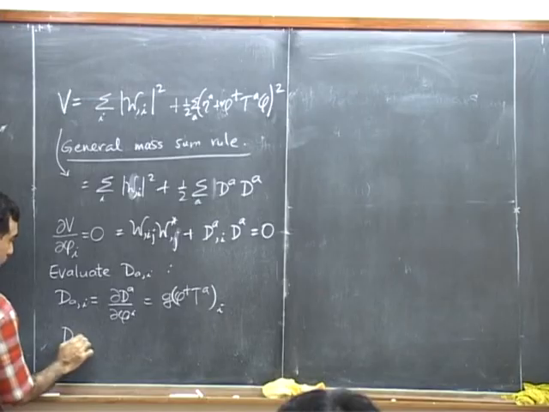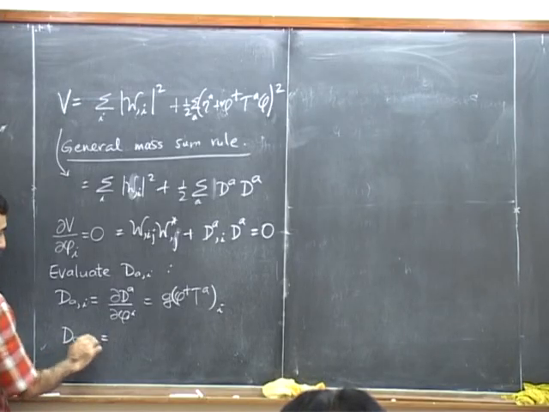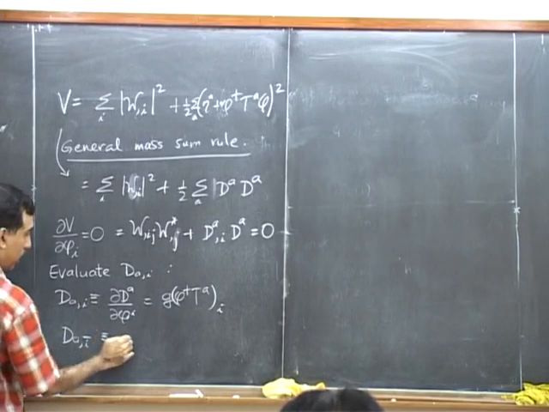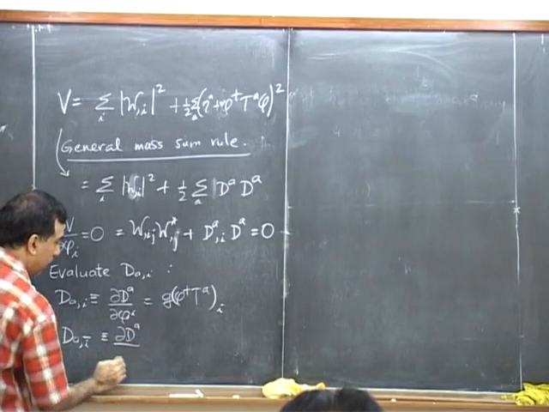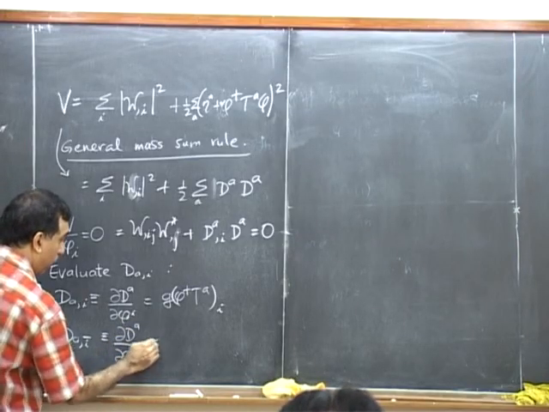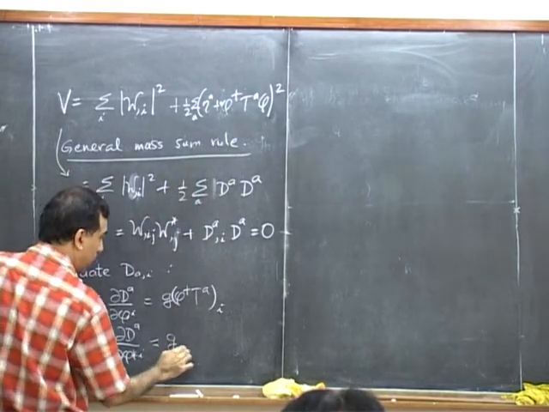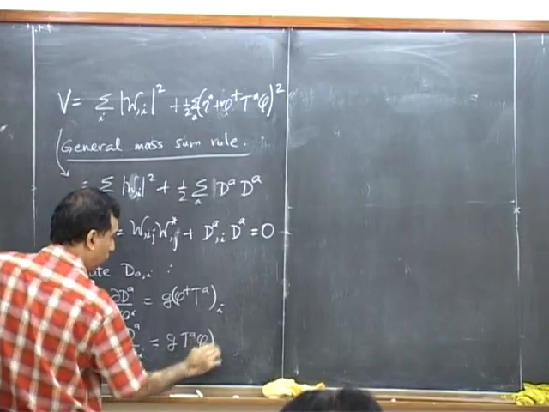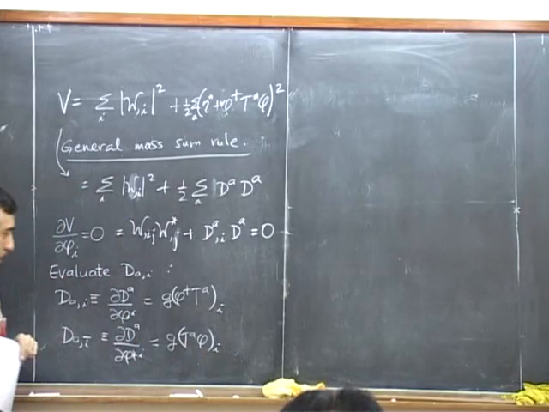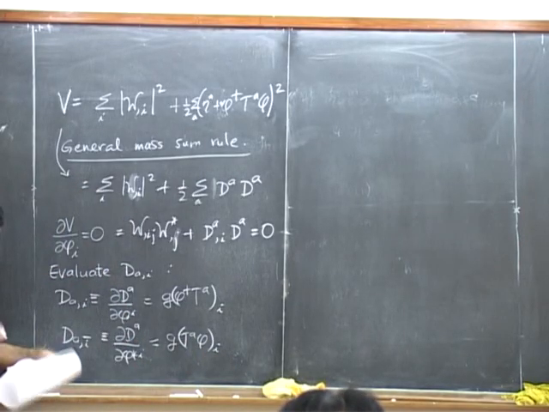Then for good measure, also let's consider the derivative of D_A in i bar, which by definition is the derivative of D_A in phi star. And this pulls out the phi star on the left, so it's g T_A phi_i. Alright.